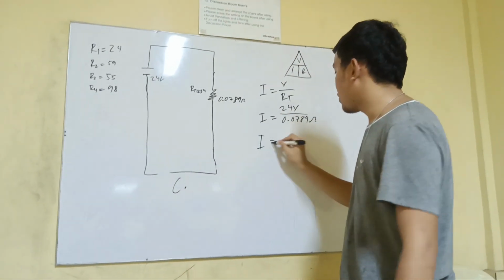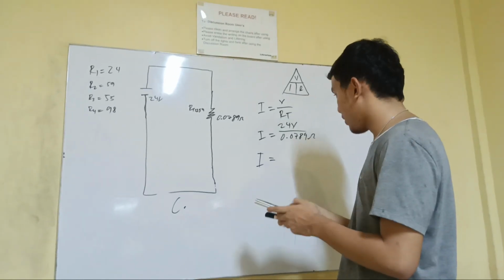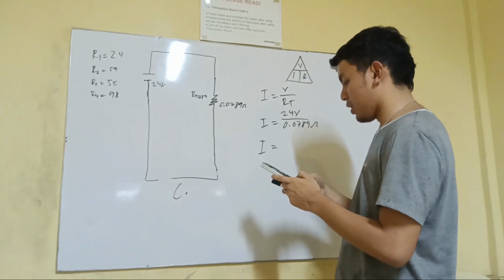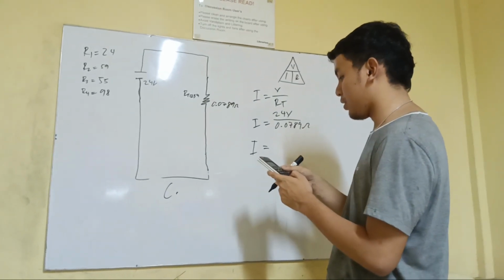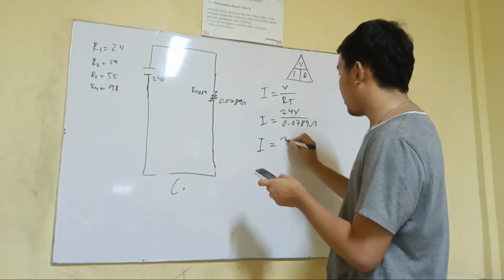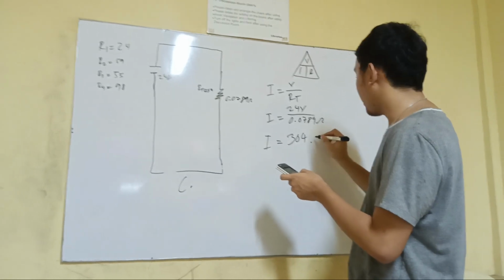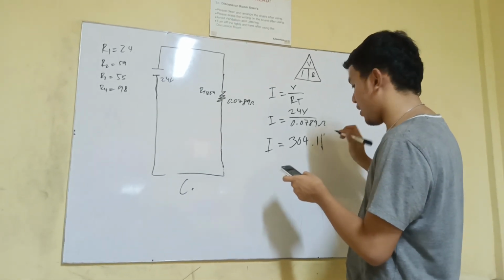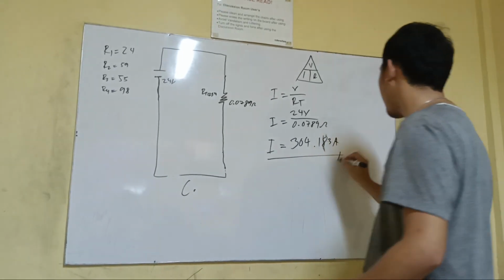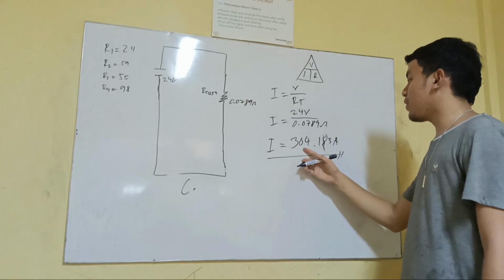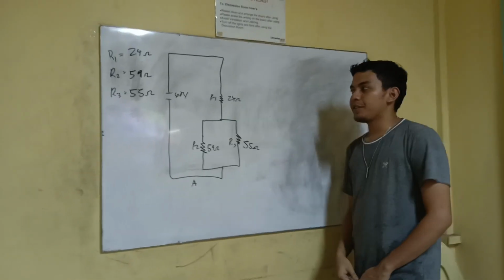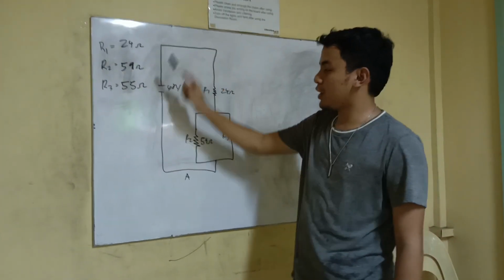So our current is 304.183 ampere. This is our current total.